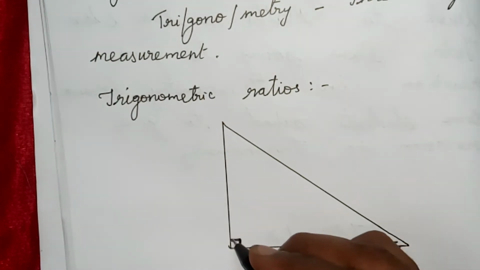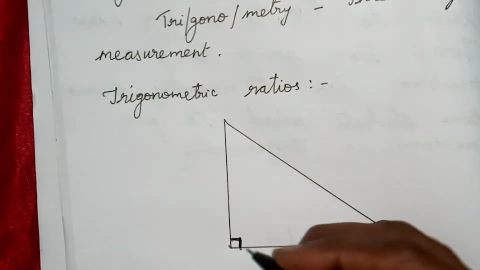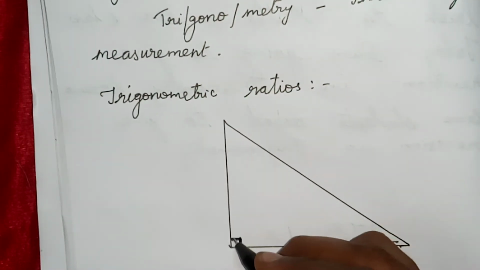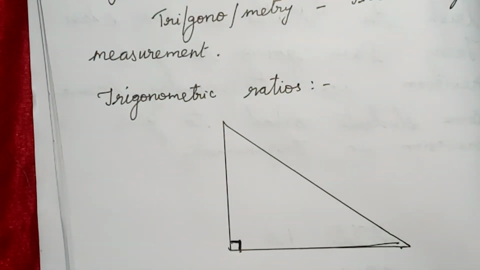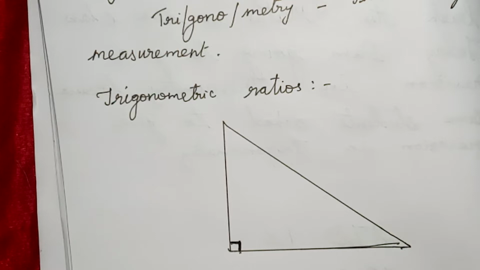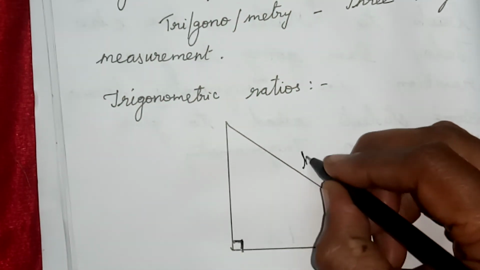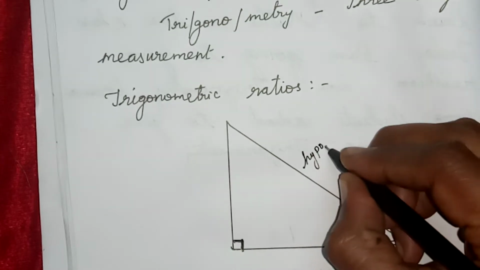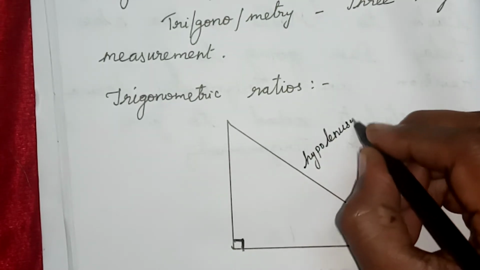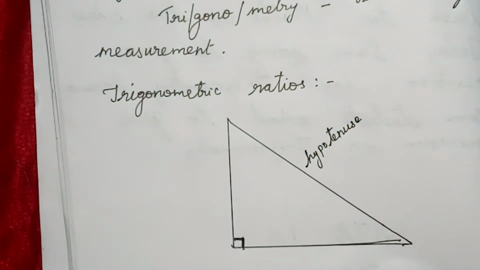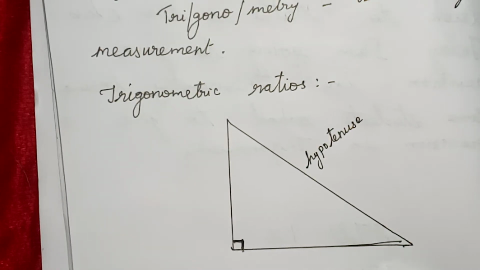Listen. First, opposite of the right angle. The opposite side of the right angle is called which one? Hypotenuse. Already you have learned that the opposite side of the right angle is called the hypotenuse.